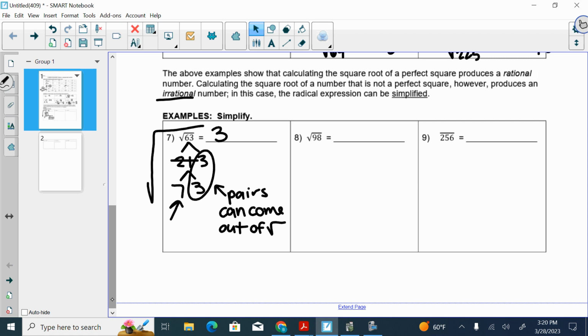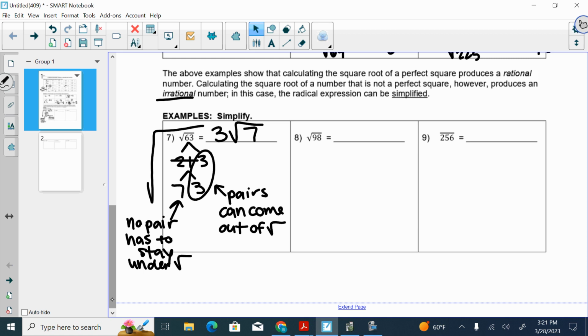Okay, so because this one has no pair, it's going to have to stay underneath. All right, so I'm going to still have a square root of 7.